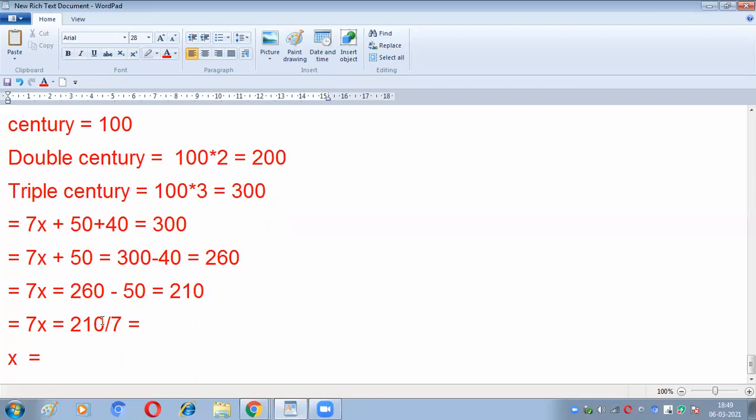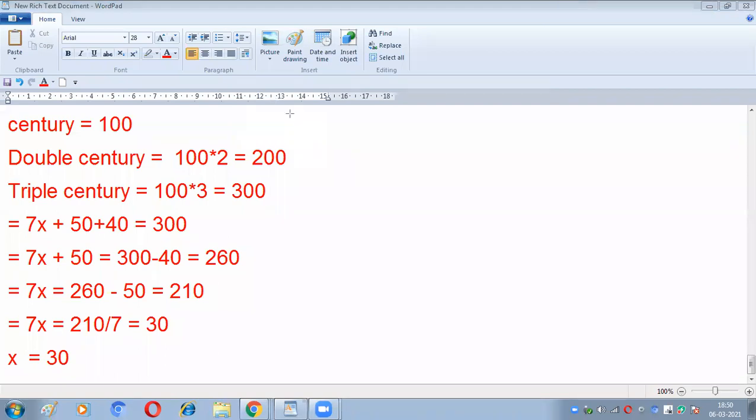If we cancel out 210 and 7, the result will be 30, because 30 multiplied by 7 is equal to 210. So here the value for x, or the number, will be 30.